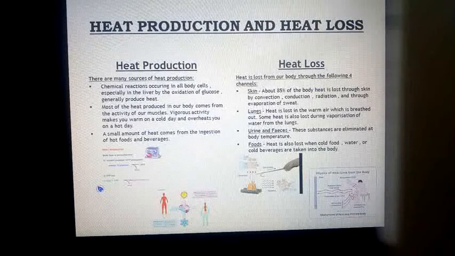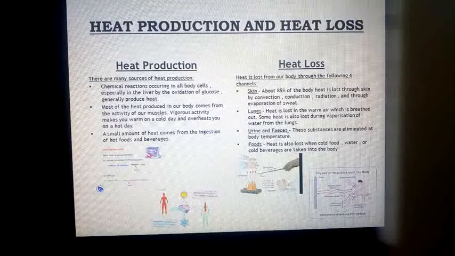Heat loss. Heat is lost from our body through the following channels. Skin: about 80% of the body heat is lost through the skin by convection, conduction, radiation, and through evaporation of sweat. Lungs: heat is lost in the warm air which is breathed out.